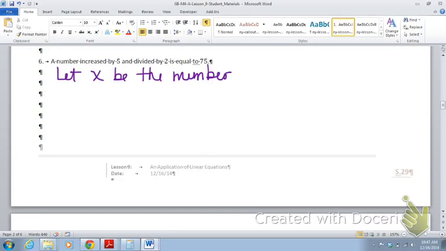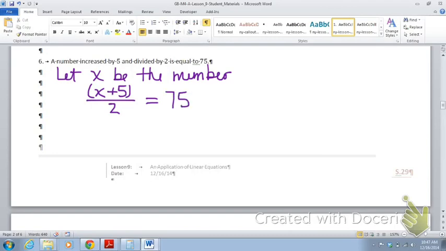All right, so we're going to let x be the number, and so we're going to take that number, increase it by 5, and then divide it by 2, and we're saying that is equal to 75.